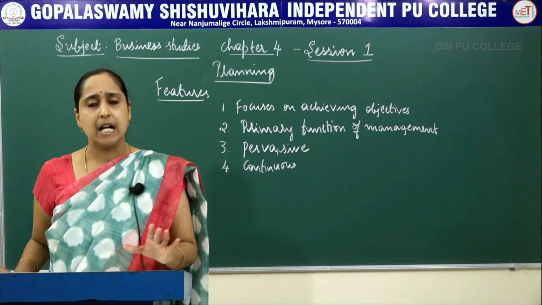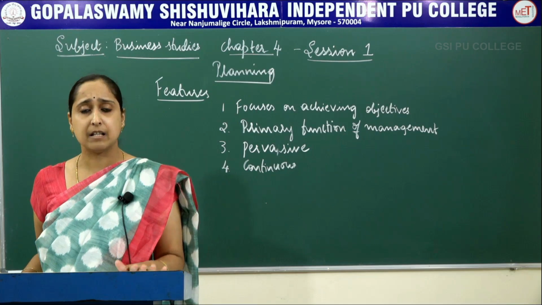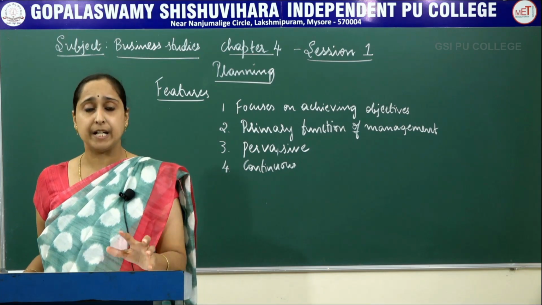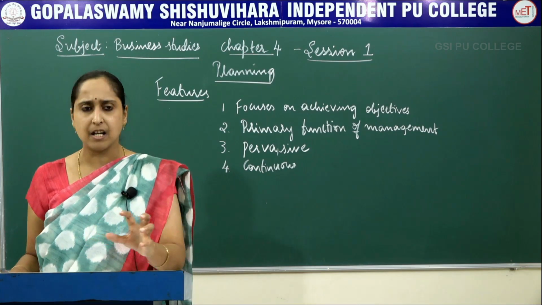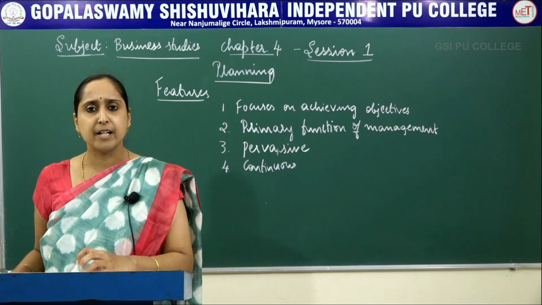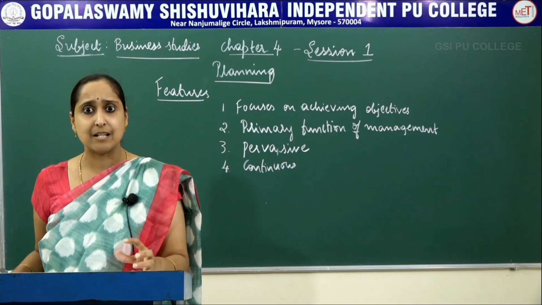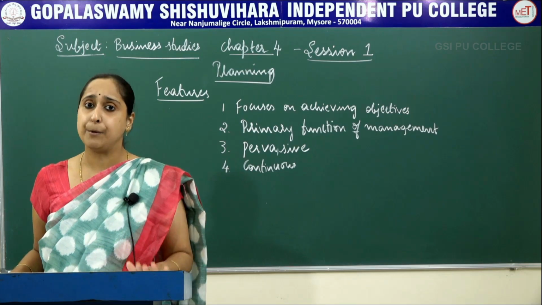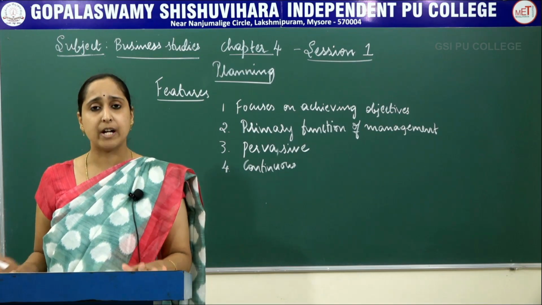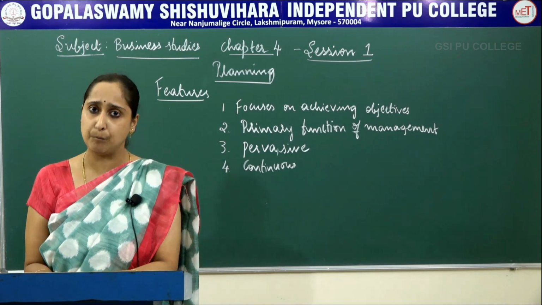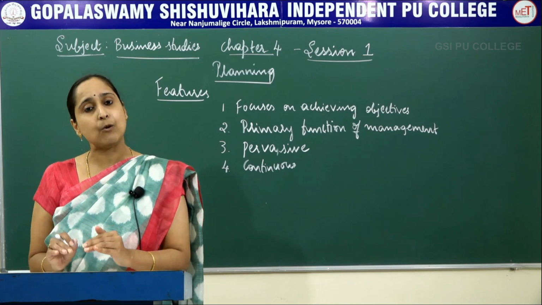See, for example, let us assume that a plan is made during boom period. What is boom period? Boom period is when there is a significant growth in sales, or when there is a higher profit.